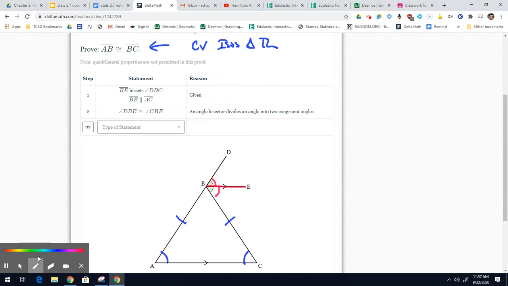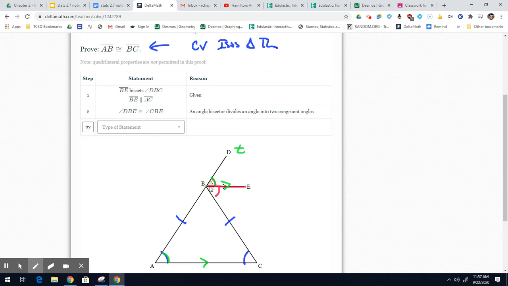Okay. Now, what about the parallel lines idea? Well, if I know that BE is parallel to AC, do I know an angle is congruent to this angle? Well, yes, I do. In terms of the transversal, this angle is in the top right of this intersection. If you slide down this transversal, so is angle A in the top right. These two angles are congruent.